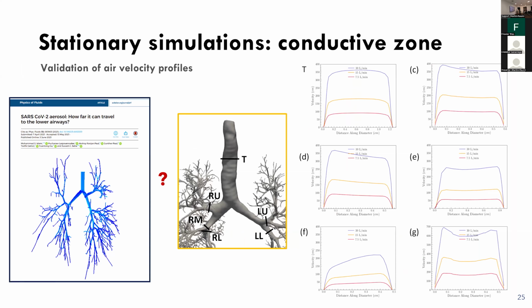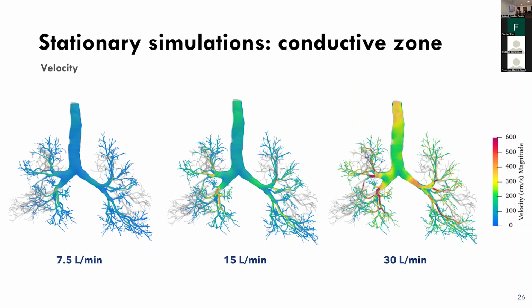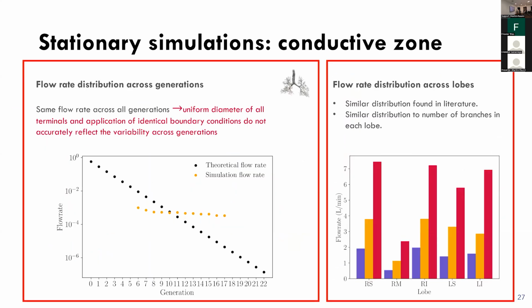Then, how to validate? Well, we saw that our geometry was not equivalent with the geometry described in the paper, but in any case, we saw the profiles in the same cuttings of the paper, and we could check that the fluid field obtained was quite similar.